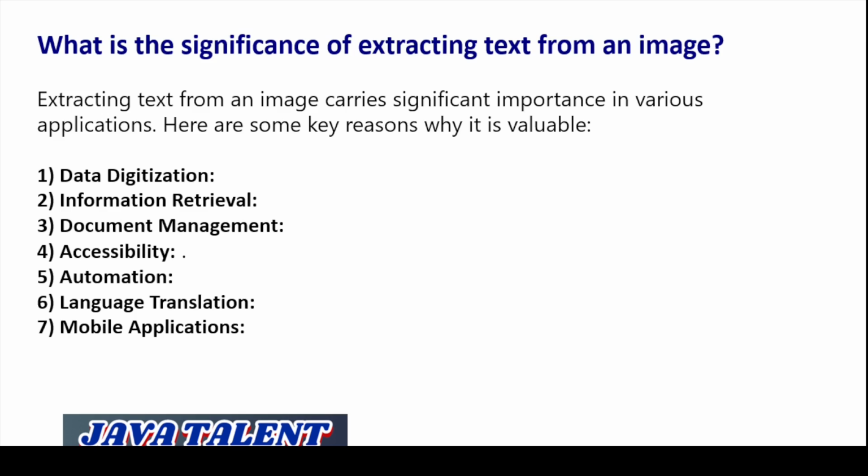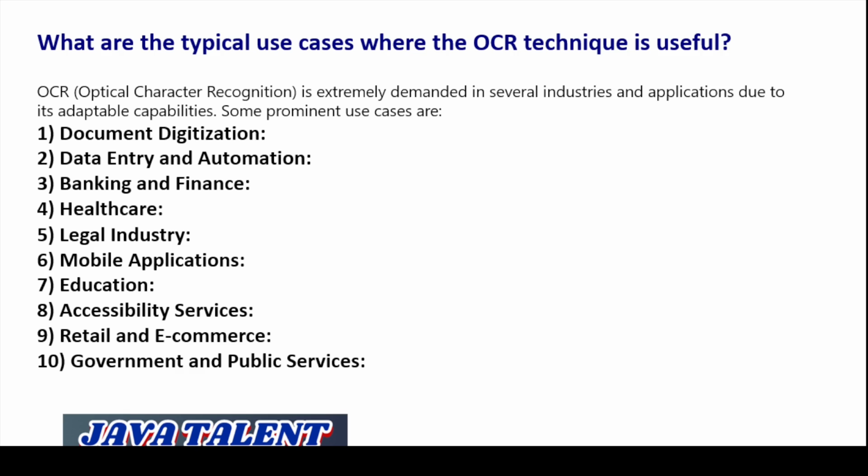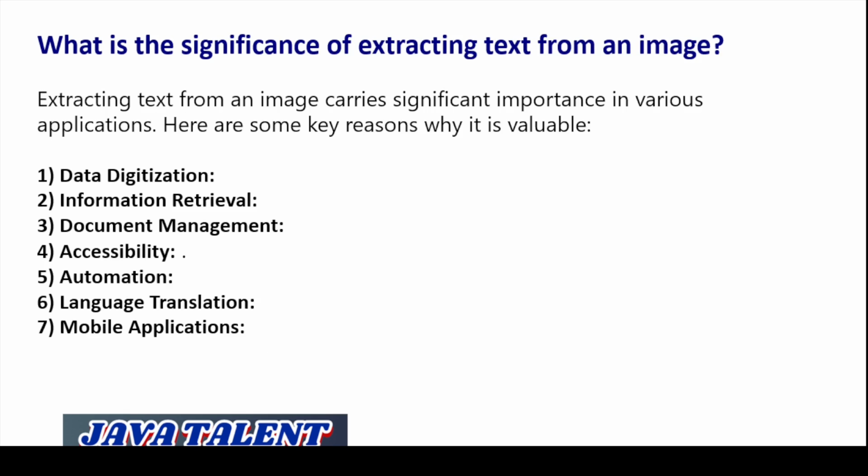Accessibility: extracting the text from the image file contributes to making content more accessible. For example, it allows visually impaired persons to access information by converting image-based text into a readable format.